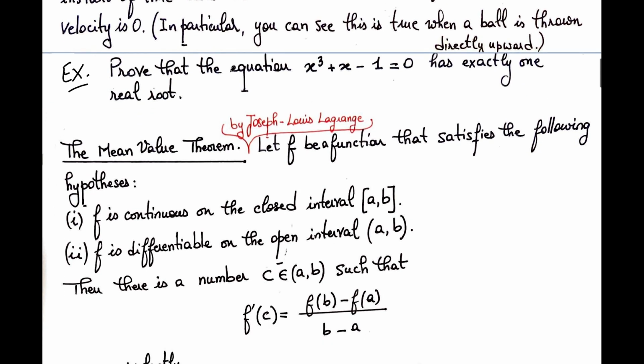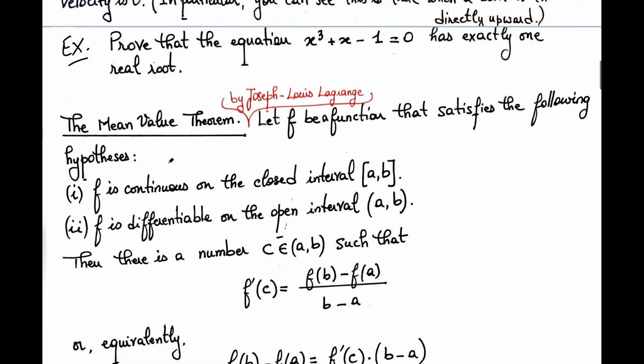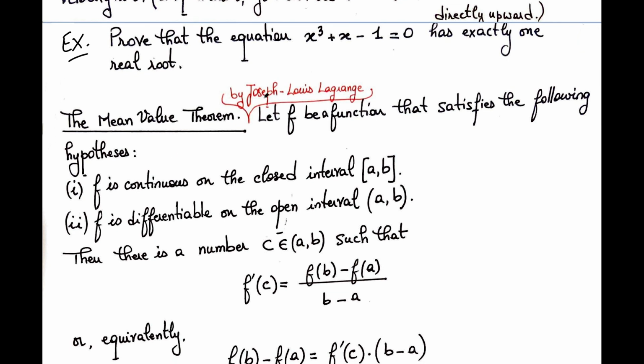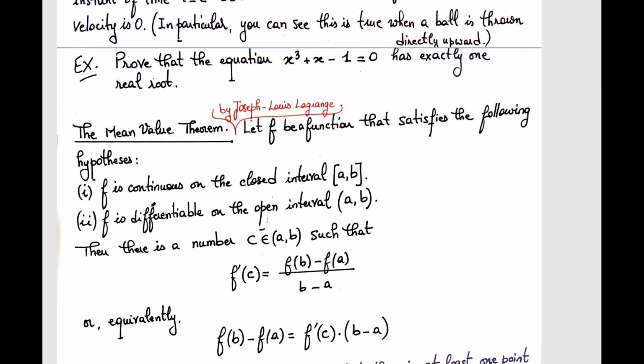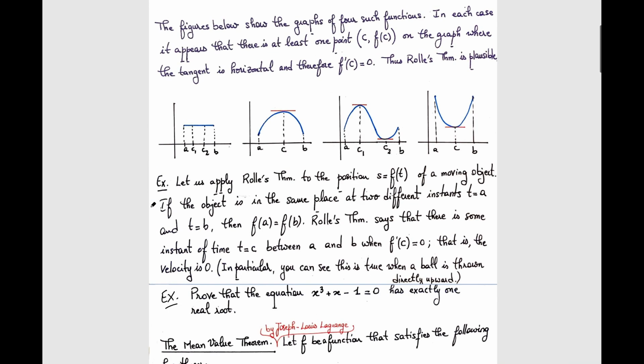Let's move on now to the mean value theorem. This is attributed to Joseph Louis Lagrange, and Lagrange, I think he lived in the 18th and 19th centuries. The mean value theorem reads as follows. Given a function verifying now two conditions, these are the first two conditions of Rolle's theorem.